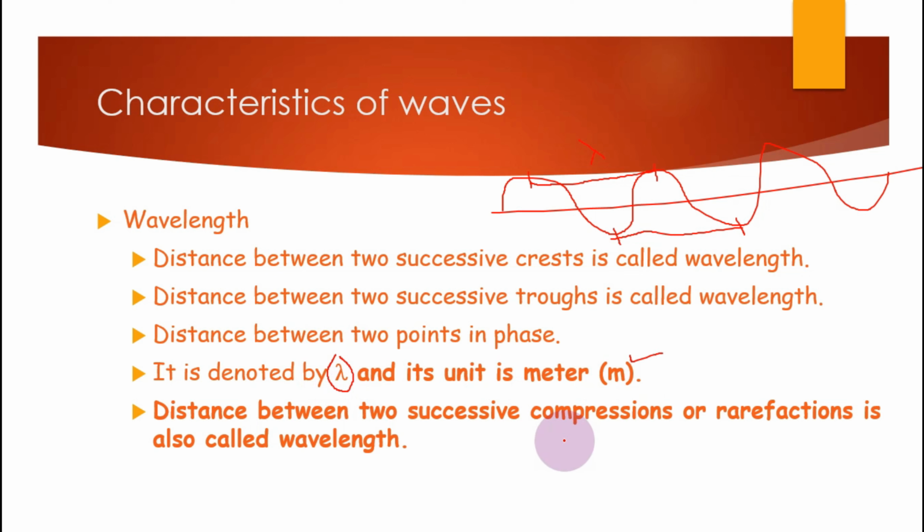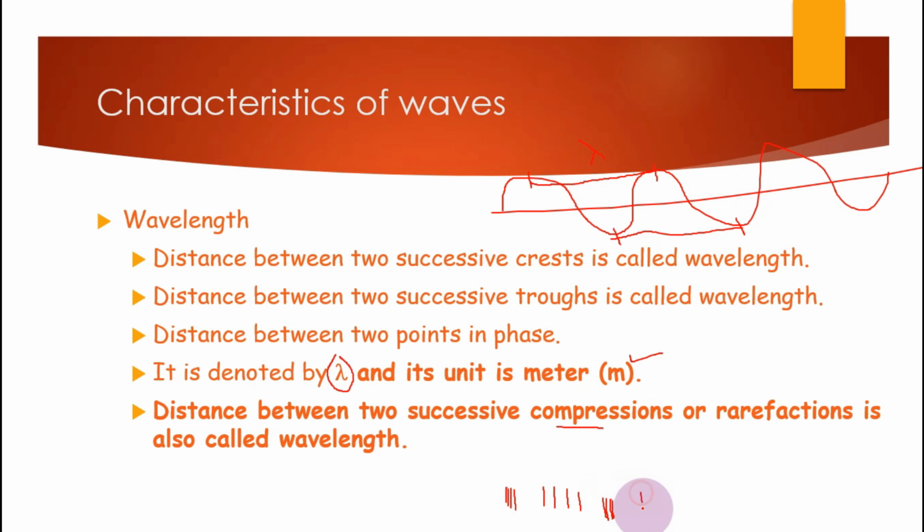On longitudinal waves, we can say that the distance between two successive or neighboring compressions or rarefactions is also known as wavelength. Suppose that here is a compression where the layers are crowded, then here is a rarefaction, where the same layers are relaxed, and then again we have a compression. So after compression there is rarefaction, and after rarefaction there is compression, and so on.